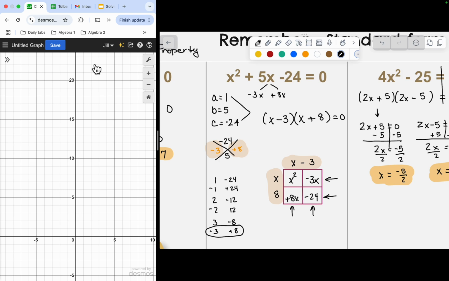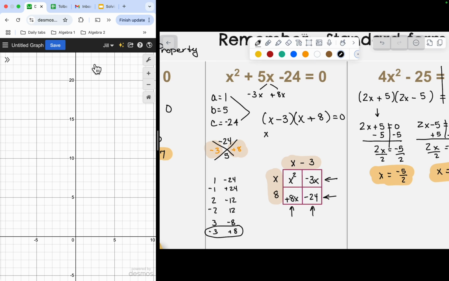And then we use the zero product property again. When two numbers multiply to give us 0, one of the factors has to be 0. So either x equals 3, making that first factor equal to 0, or x equals negative 8, making that second factor equal to 0. So those are our two solutions here.